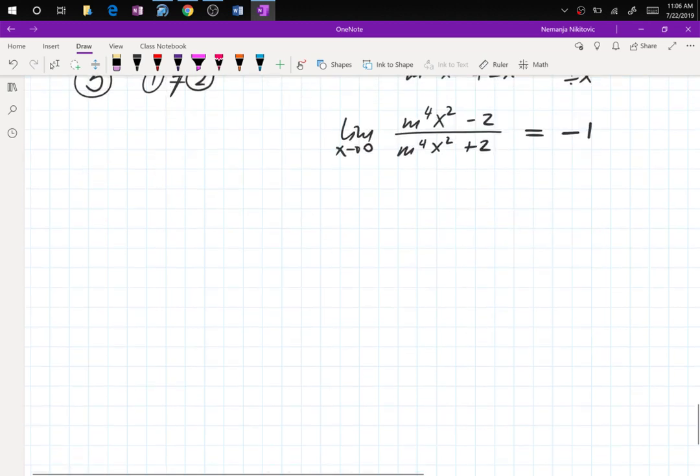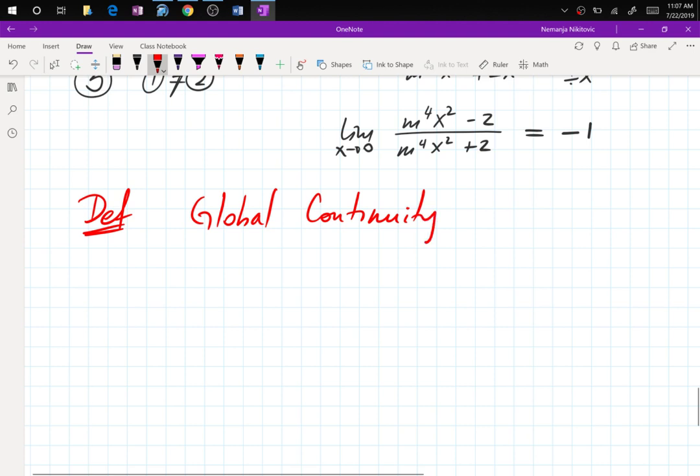Now the next theorem, or definition, actually not a theorem, is global continuity.